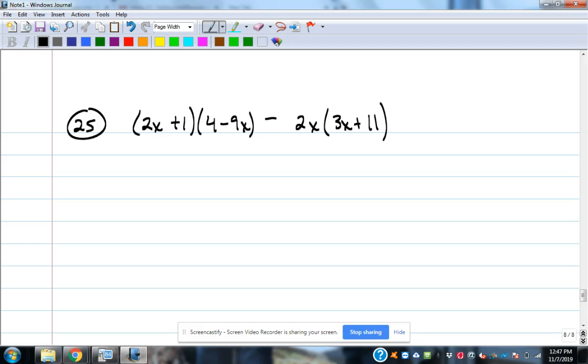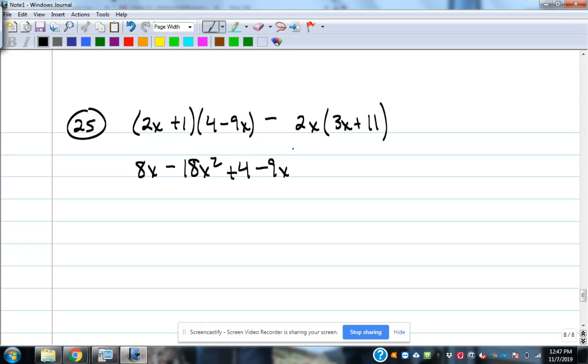All right. Multiply, distributive property, all through that problem. Do all of that. Order of operations says parentheses, exponents, multiplication, division, then addition and subtraction. So I've got to do all that stuff first before I can do the subtraction. So I'm going to do 8x squared, or excuse me, 8x minus 18x squared plus 4 minus 9x.